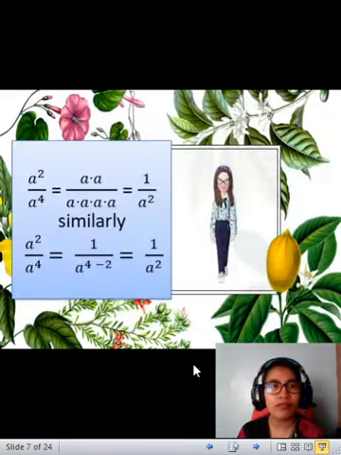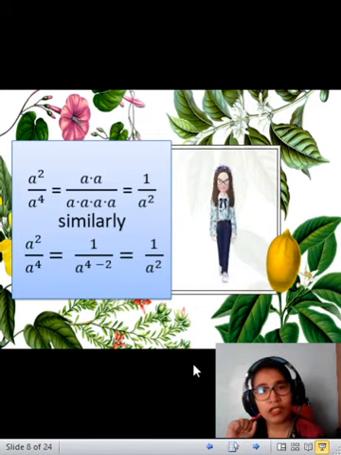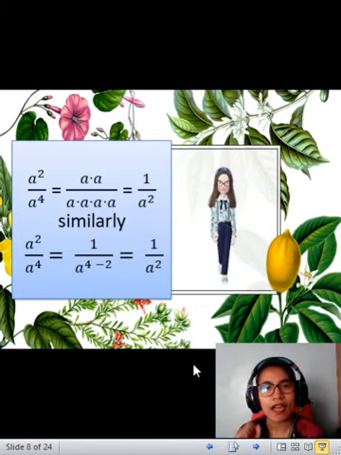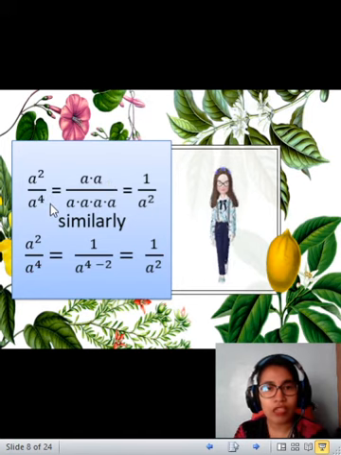Next, how about if our exponent below is larger than the exponent above? So this is how it looks like. You have a squared over a to the 4th.